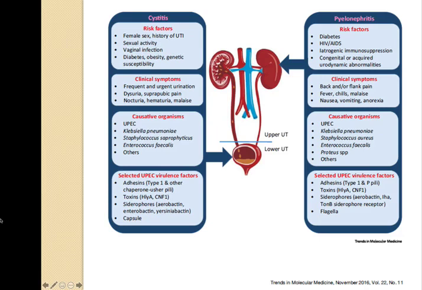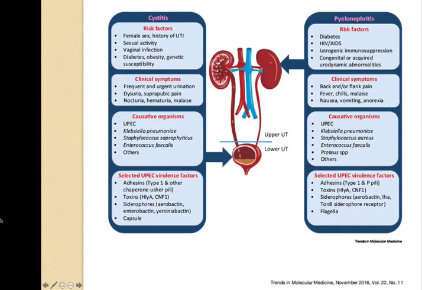So on your left, you see just very basic facts about simple UTIs or cystitis. The most common risk factors are females, prior history of UTIs, recent sexual activity, ongoing or concurrent vaginal infection, and comorbidities such as diabetes, obesity, and even genetic susceptibility has been implicated.